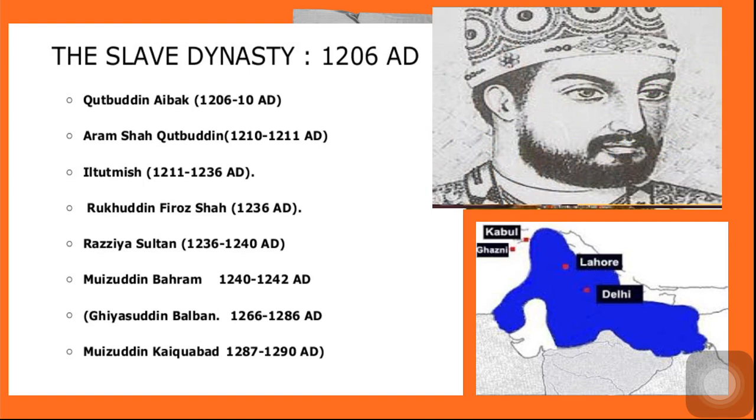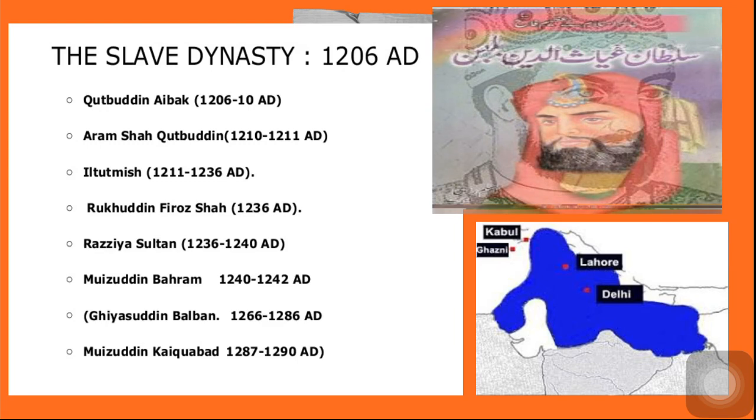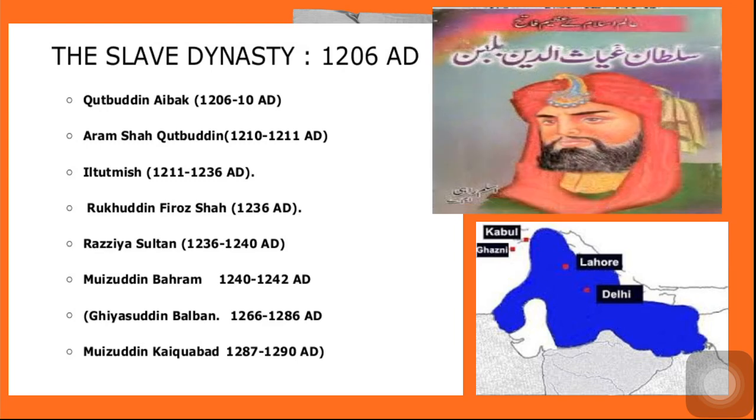Balban encouraged learning, set up colleges, and respected saintly people and scholars. Baba Fariduddin Ganjshakar and Sheikh Bahauddin Zakariya were two notable Sufi saints of Nasiruddin Mahmud's time.